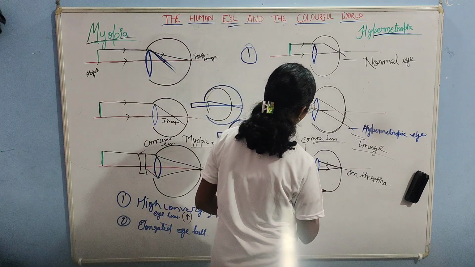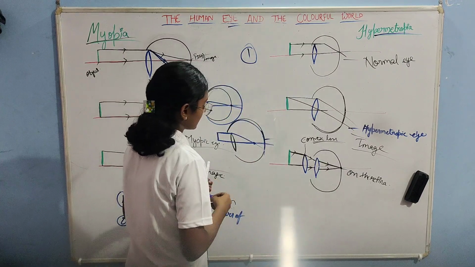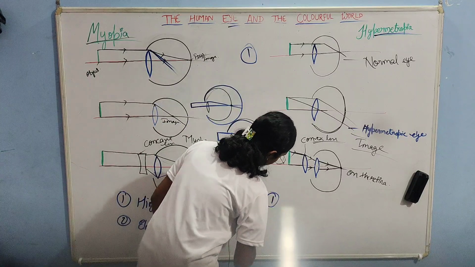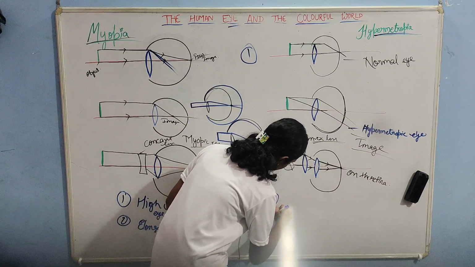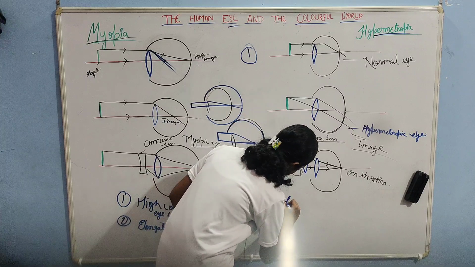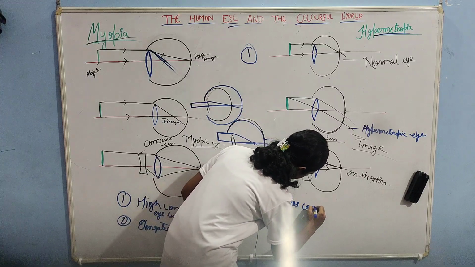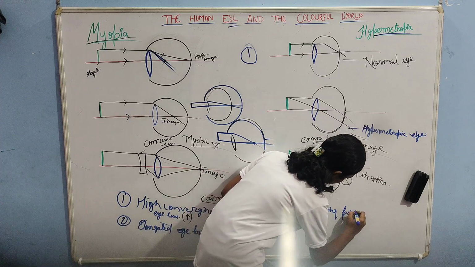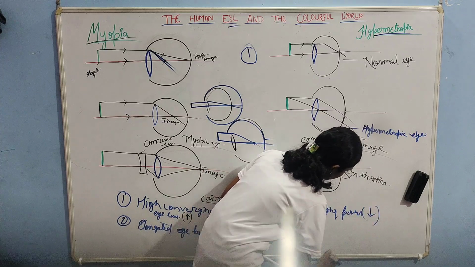Now, let's see what are the reasons for hypermetropia. First thing is less converging power.